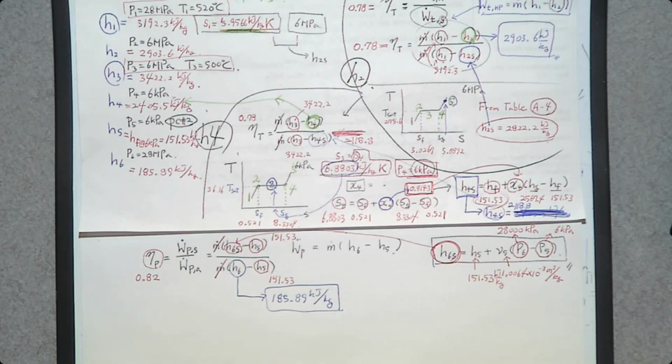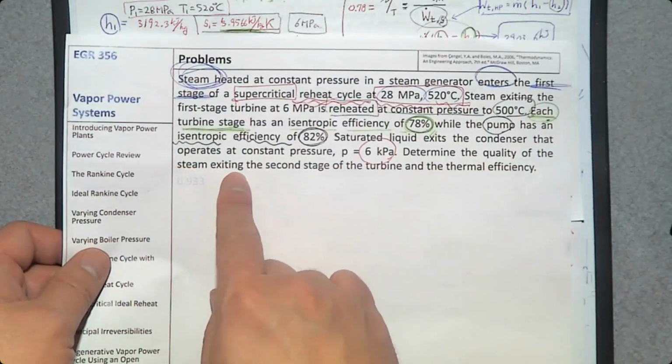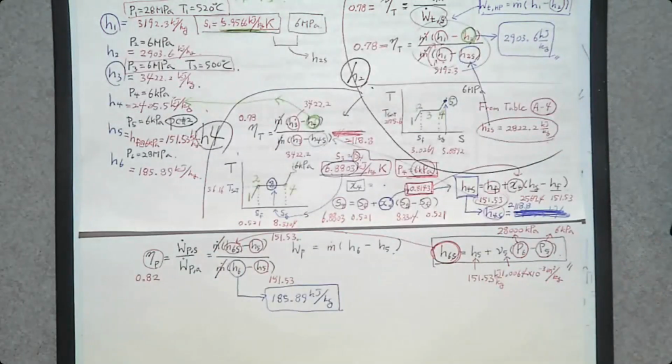So once you determine all these H values from 1 to 4, now you can solve this problem. Then what is the problem? Determine the quality of the steam exiting the second stage of the turbine.